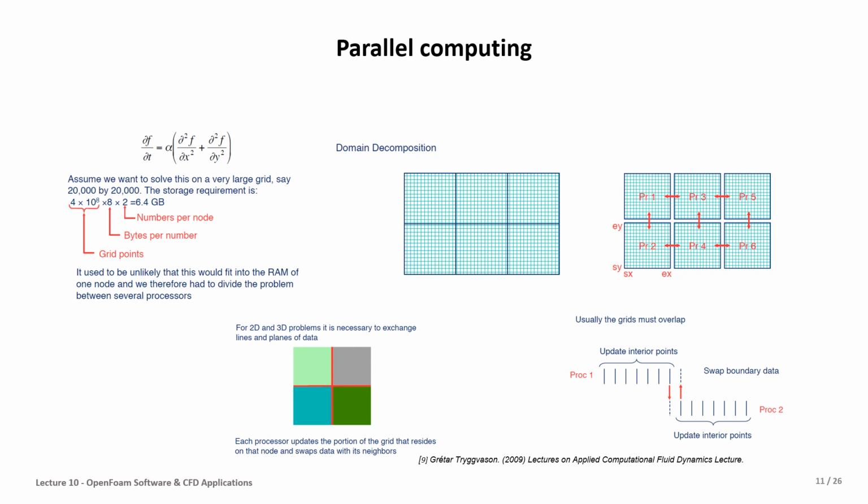One point is the overlap between each subdomain. There is an overlap, which we can see, for example, when we look at processor 1 and processor 2, and it's necessary to swap the boundary data in this overlap.